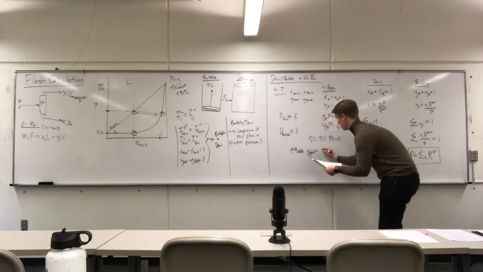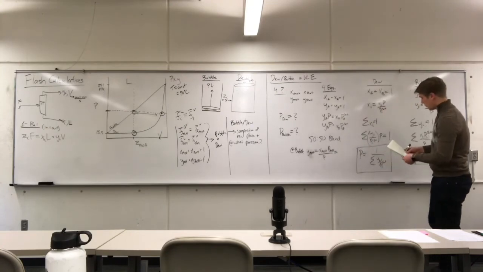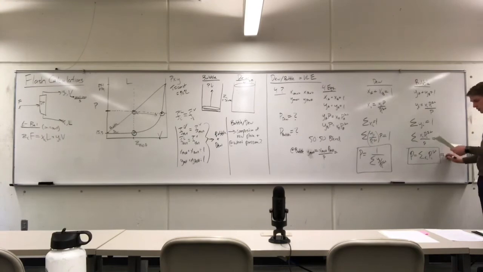And this is just going to be equal to the mole fraction in the liquid, the vapor pressure over the system pressure. I need to give you the system pressure. If you evaluate this expression here, we get that the system pressure is 133.2 kilopascals.